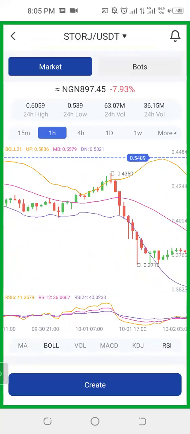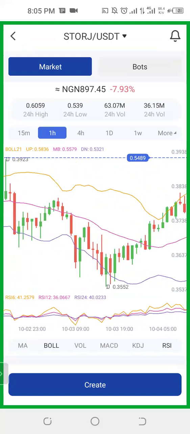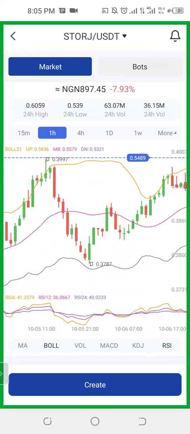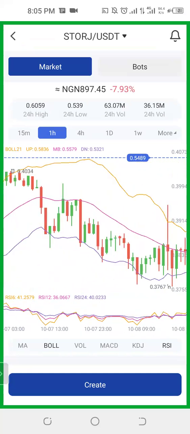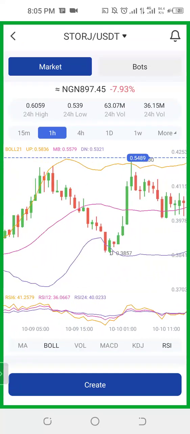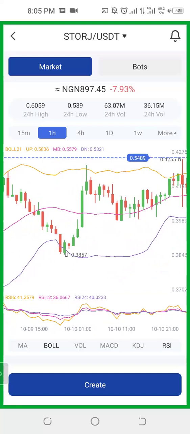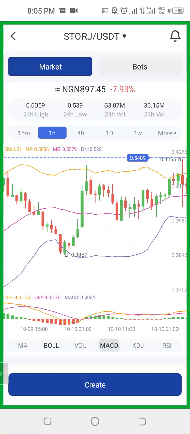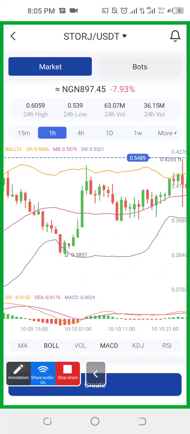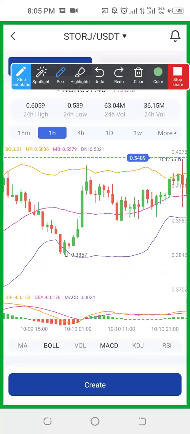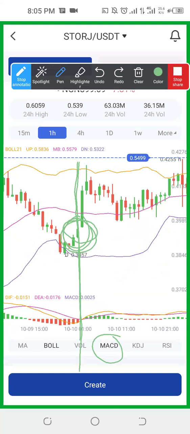You see that they will align. Are you seeing it? Let me go to mark there. When this inverted hammer was formed, if you draw the line down to this mark D, you know mark D is what we use to know when a coin will pump.